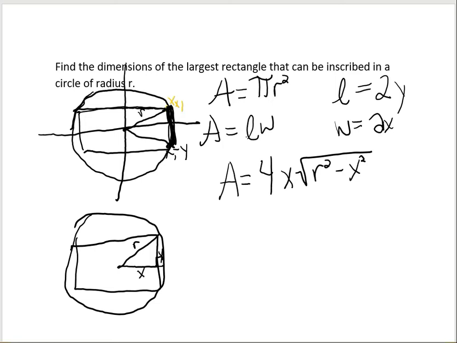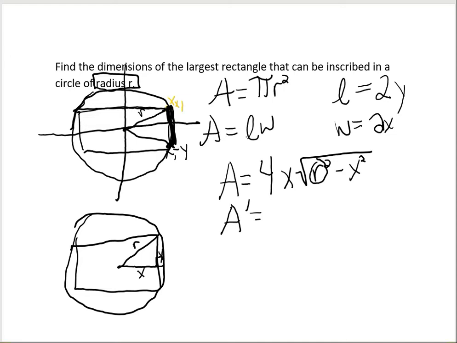So now we have a formula. This r value is a fixed radius. I didn't tell you what the radius was, but it's just a number. And then x is our independent variable, and we're looking to find the largest area. So we need to maximize this thing. Let's take the first derivative.